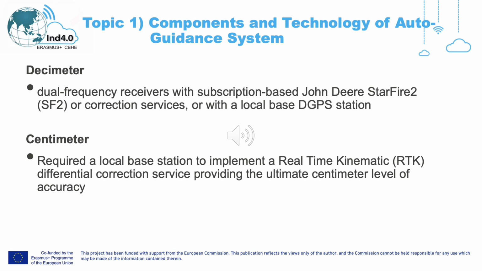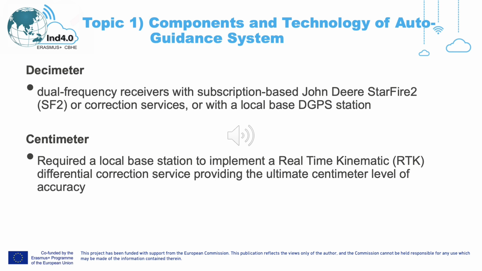To achieve decimeter level accuracy, dual frequency receivers can be used. They are provided with subscription-based John Deere StarFire 2 SF2 or correction services with local-based DGPS stations.